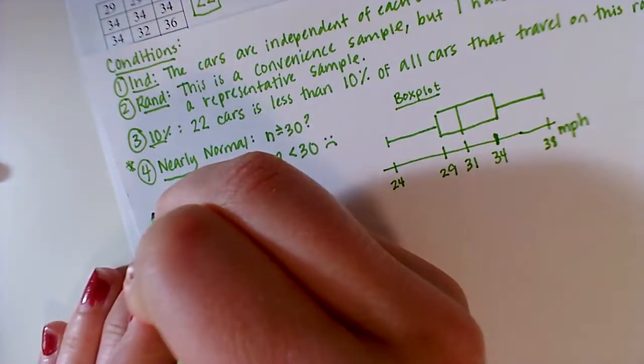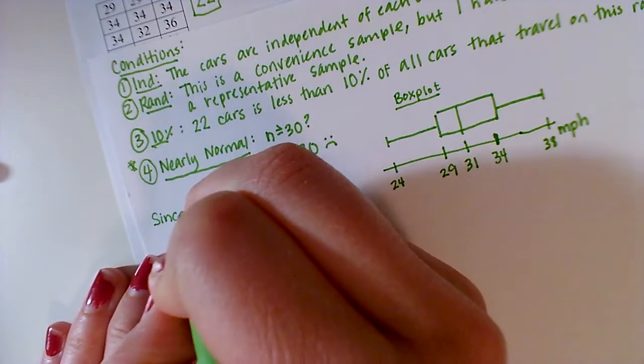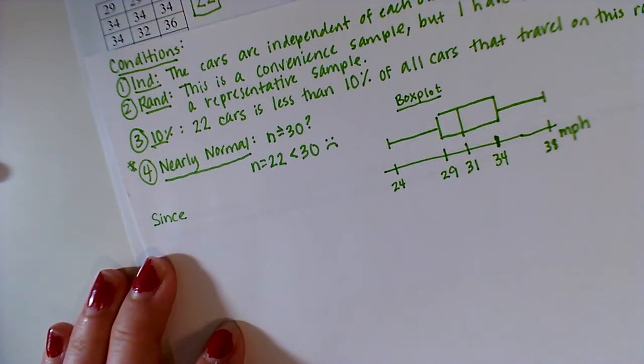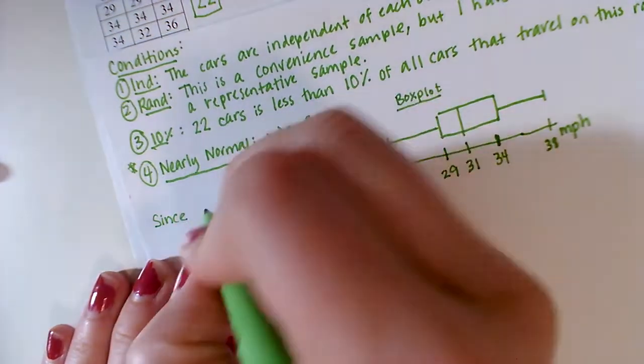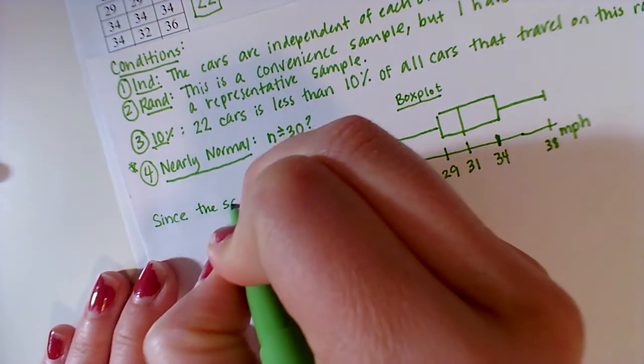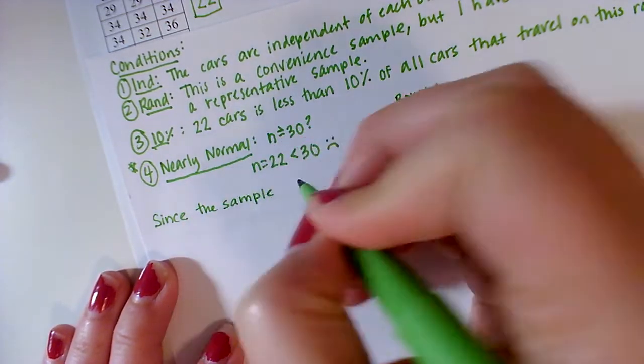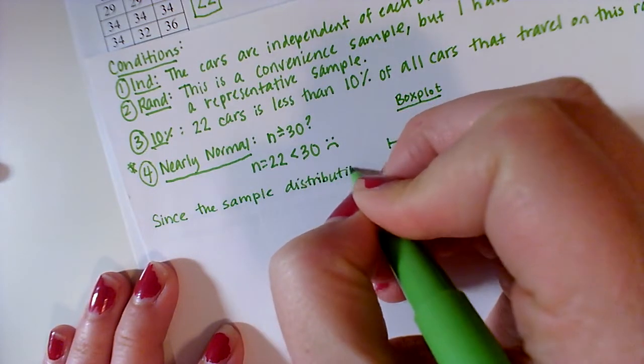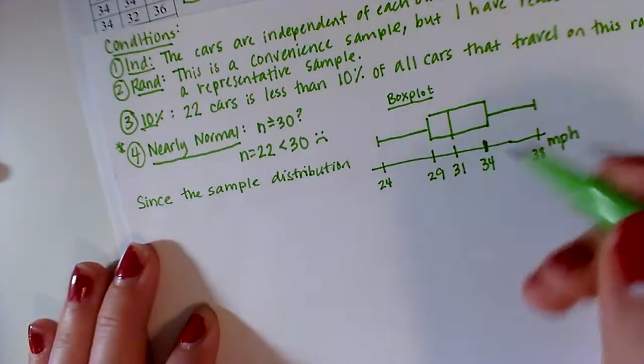So I'm going to say, this is how I'll begin this paragraph. Since the sample distribution, so what is a sample distribution? Just a reminder, the sample distribution is just the distribution that we have on our sample, so the box plot.